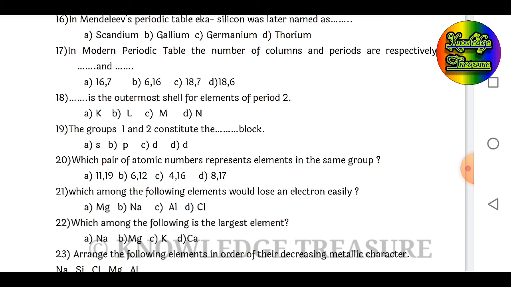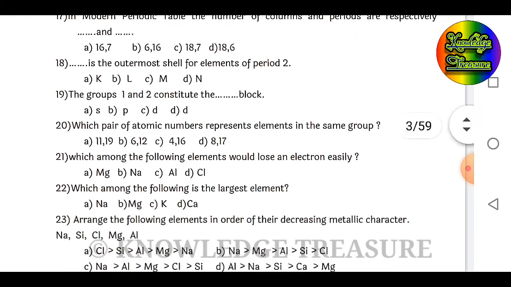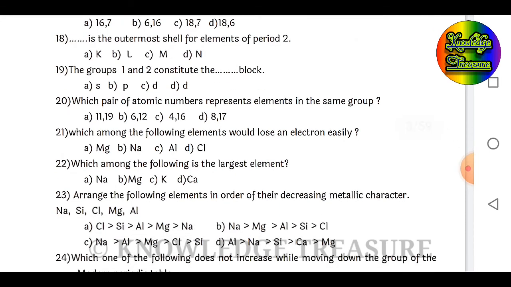The correct answer is C. 18:7. 18. Dash is the outermost shell for the elements of period 2. A. K, B. L, C. M, D. N. The correct answer is B. L.